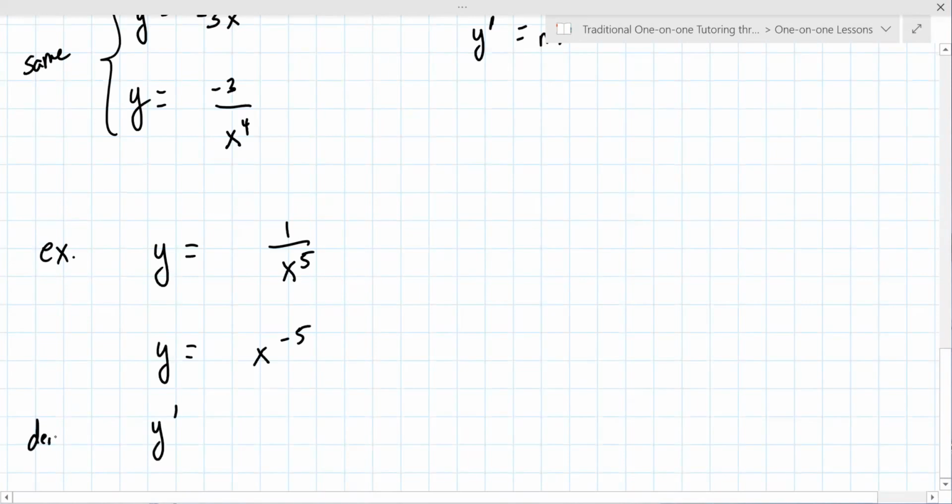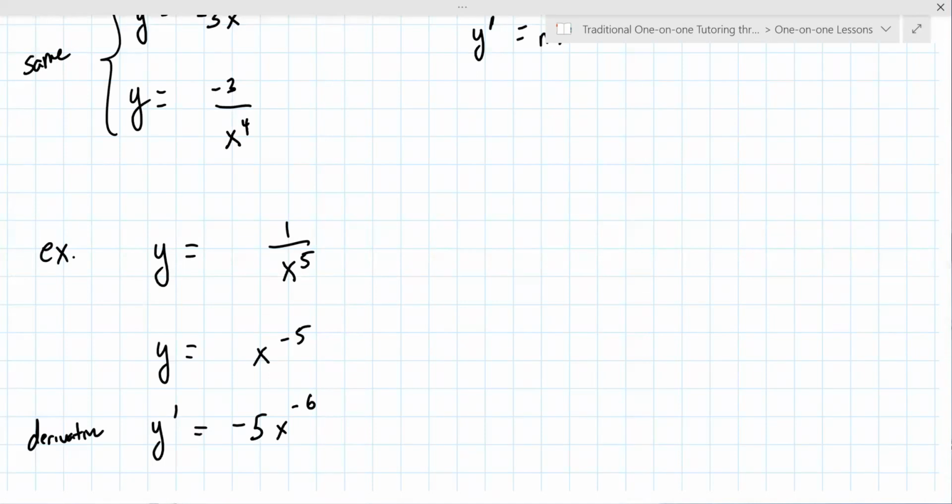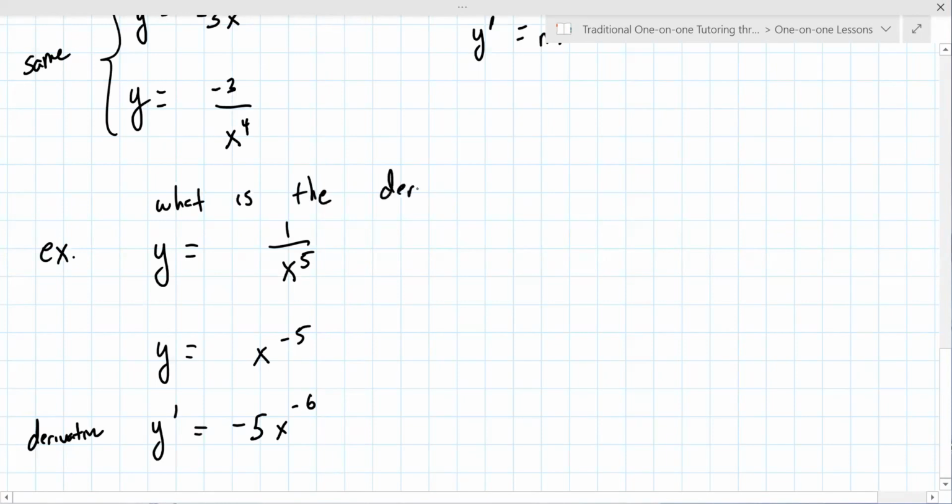This is the derivative step. You bring that minus 5 down. It's minus 5x to the minus 6 power. The question is, what is the derivative of 1 over x to the 5th?